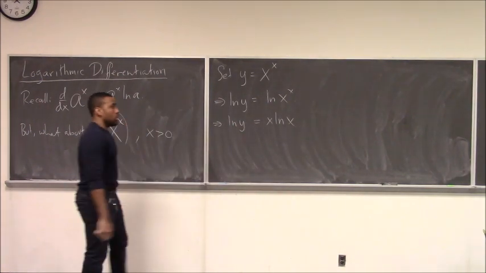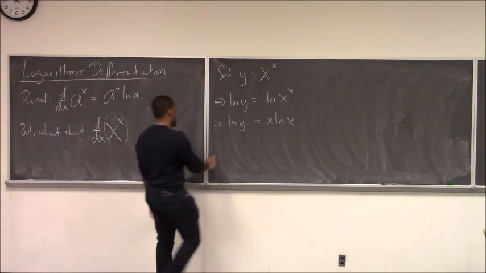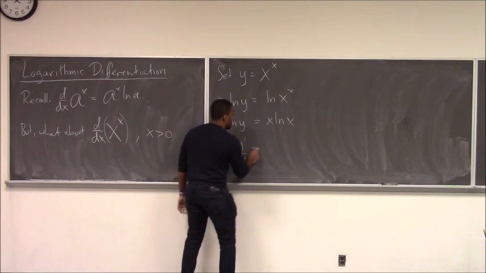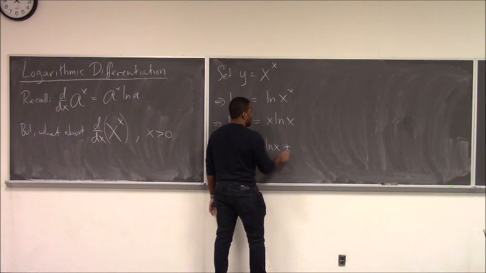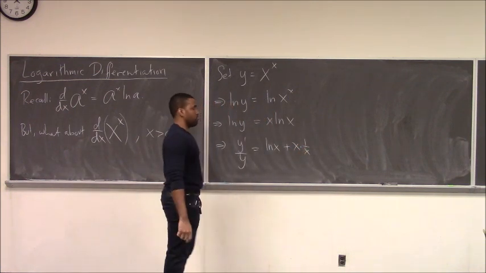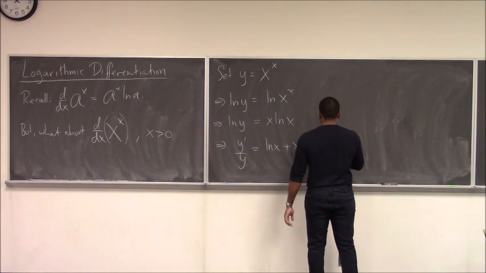And what I can do now is differentiate implicitly on both sides, which we now know. Implicit differentiation. Derivative of this, y prime over y. Derivative of that is the product rule. Differentiate x, leave the ln x, plus leave the x, differentiate the ln. So that gives you ln x plus 1.